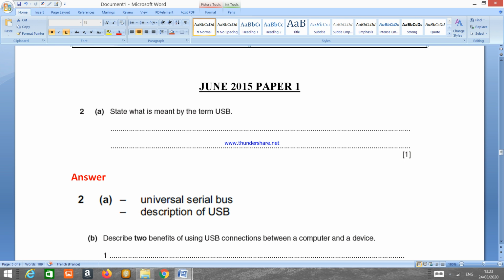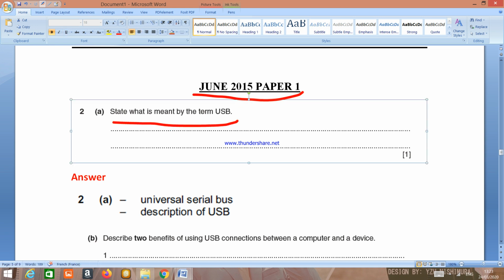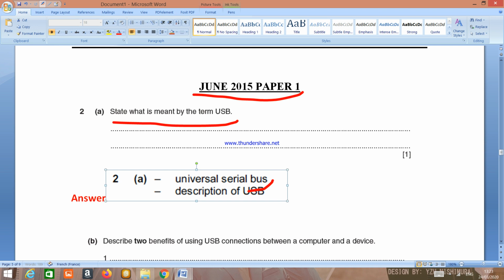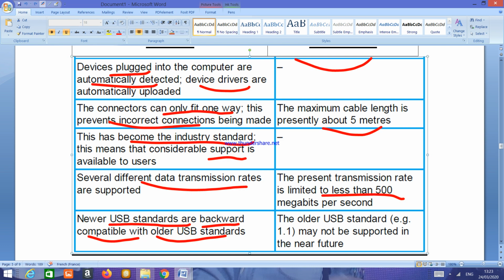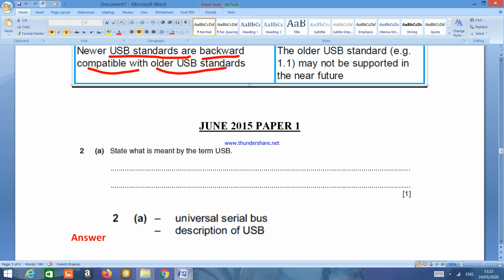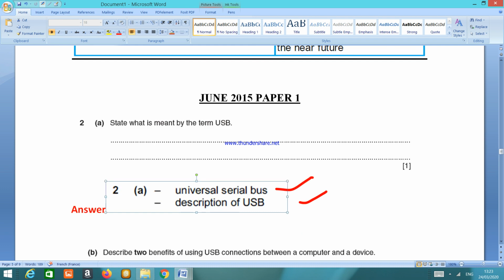Now let's look at the exam questions. June 2015, first question: state what is meant by USB. USB stands for Universal Serial Bus, and we can describe USB in this question.